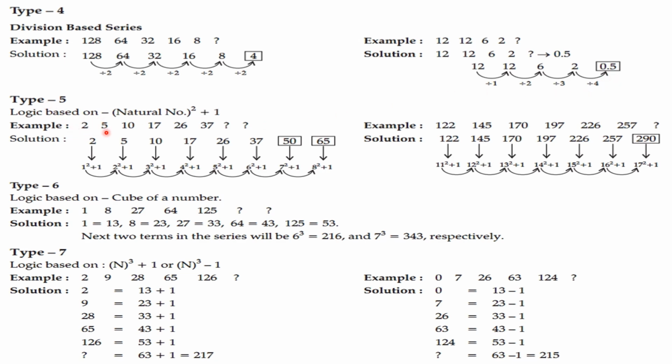Type 5: logic based on natural number square plus 1. Example: 2, 5, 10, 17, 26, 37. What is the next number?